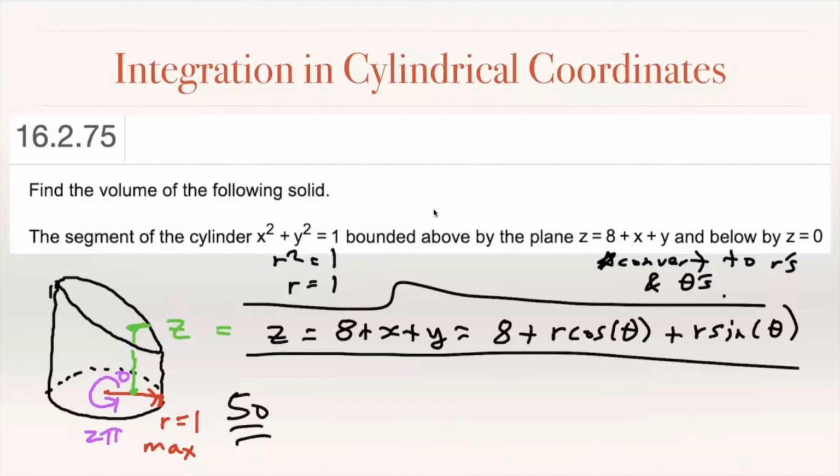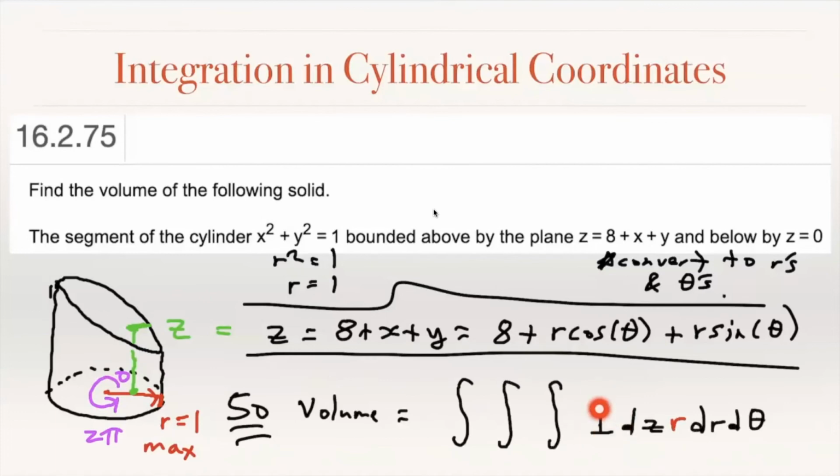So our triple integral in total looks like this. Because it's volume, we're integrating 1, and our z goes from z equals 0, because we're bounded below by z equals 0, up to z is 8 plus r cosine theta plus r sine theta. And then don't forget to multiply by the polar r, and then r itself goes from 0 to 1.